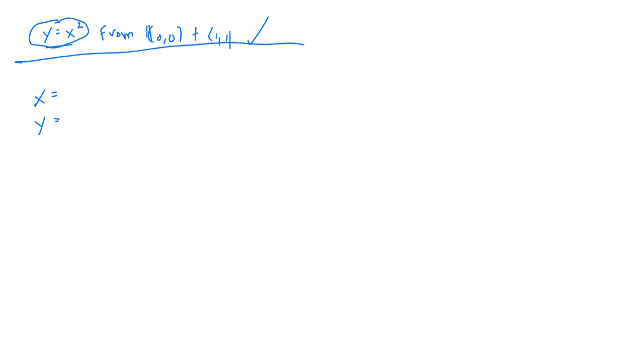Couldn't we let x equals t and then y equals t squared? And what would your t go from? 0 to 1. 0 to 1. So that's parameterization.